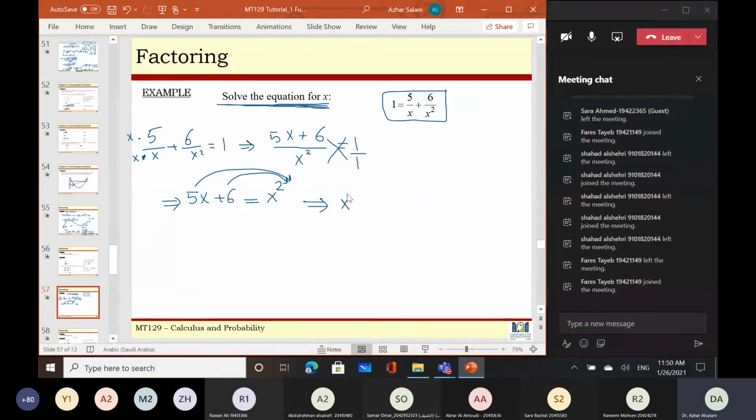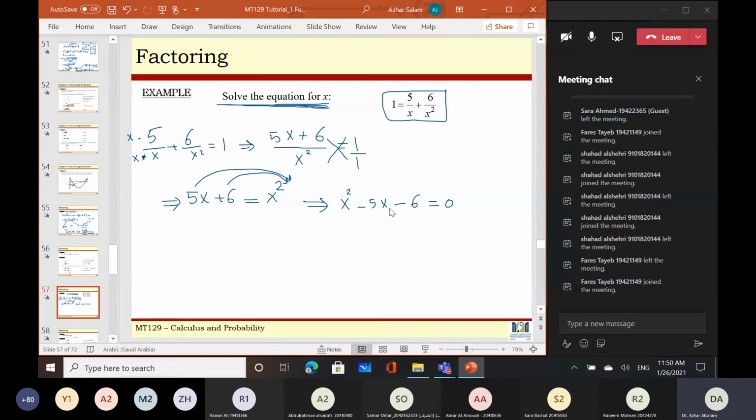So here I have x squared, هي نفسها اللي هنا, minus 5x minus 6 equals 0. الخطوة اللي عملتها إني أجمع جميع الحدود مع بعض في طرف واحد وأحاول إن الإكس تربيع تكون موجبة، والطرف الثاني يساوي الصفر.